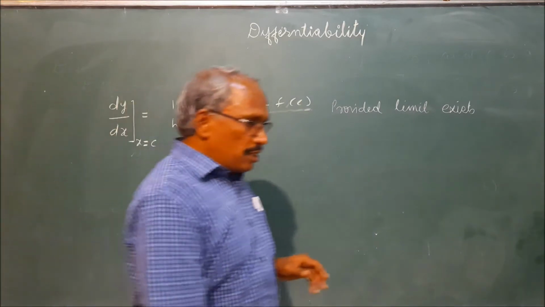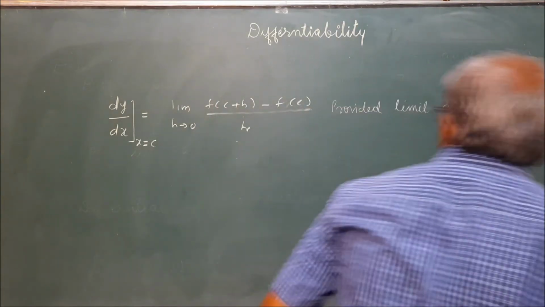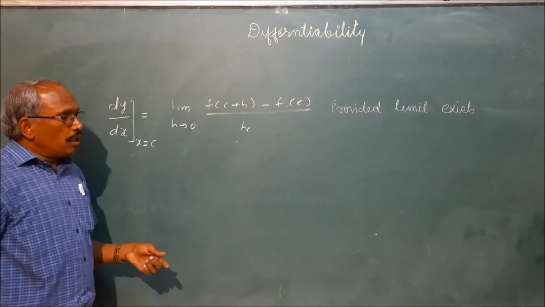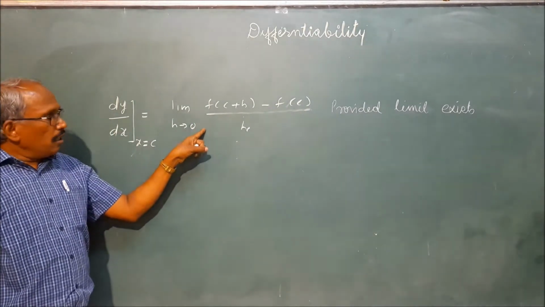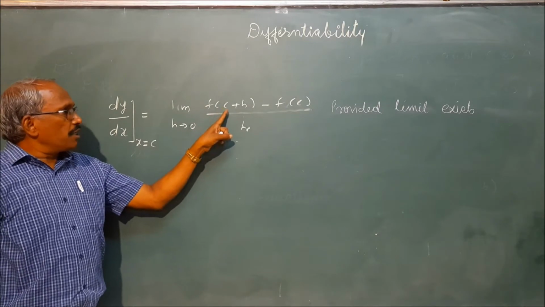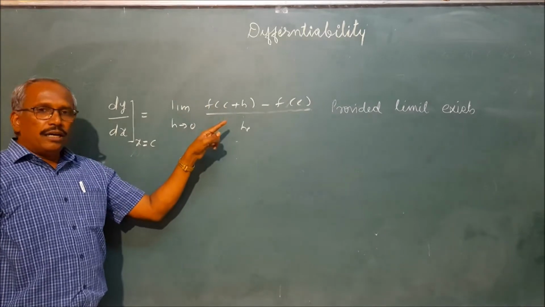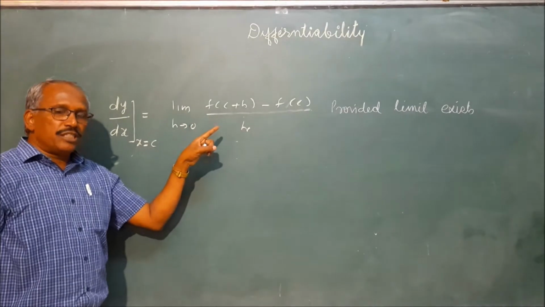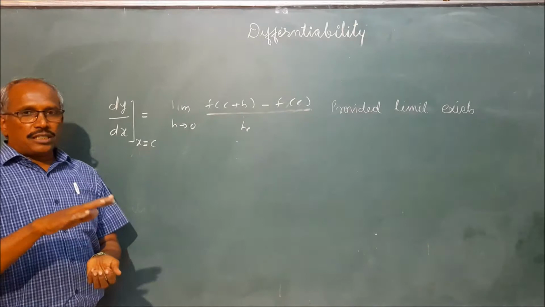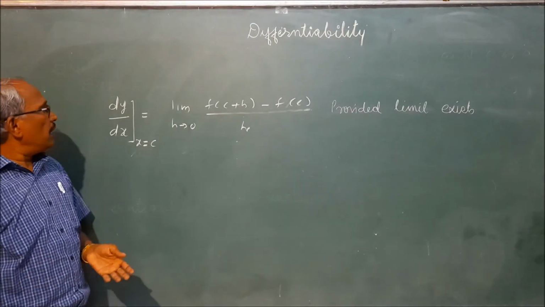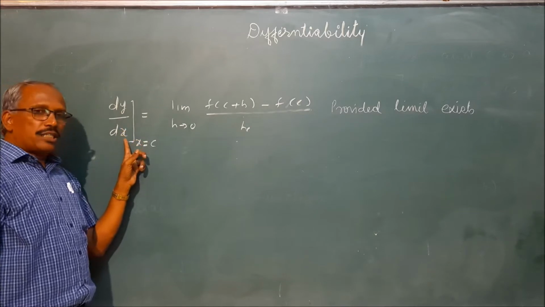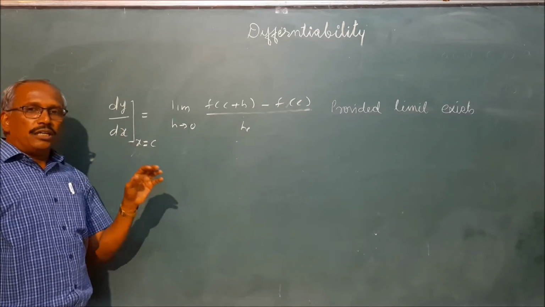So this limit will exist if we calculate the left hand limit of this function at c and the right hand limit of the same function at c, and if both limits are the same, then we can say that the derivative of function y with respect to x at x equal to c is defined.